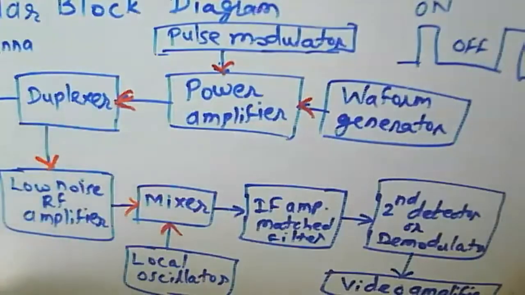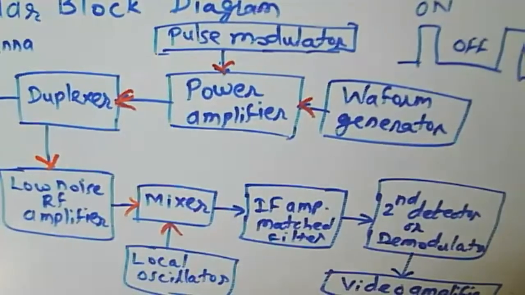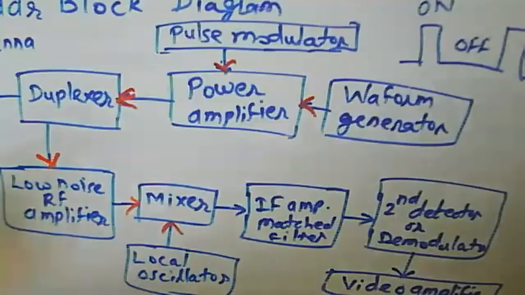It's different here. So we can consider what the pulse duration will be, and the on period and off period of the transmitter here. According to that, we will consider the transmitter pulse.